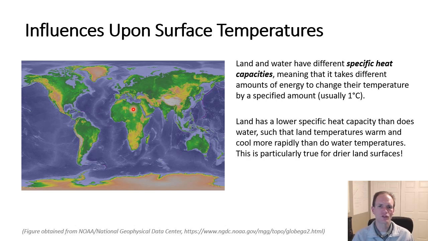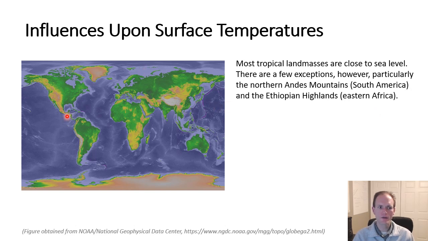They change temperature very, very rapidly compared to other soil types like clay or even rock, silt, things of that nature. Whereas very wet soils are more like water in their ability to change temperature. They're not as slow in terms of their temperature changes as water, but they're not nearly as fast as you would see for sandy, drier soils either.